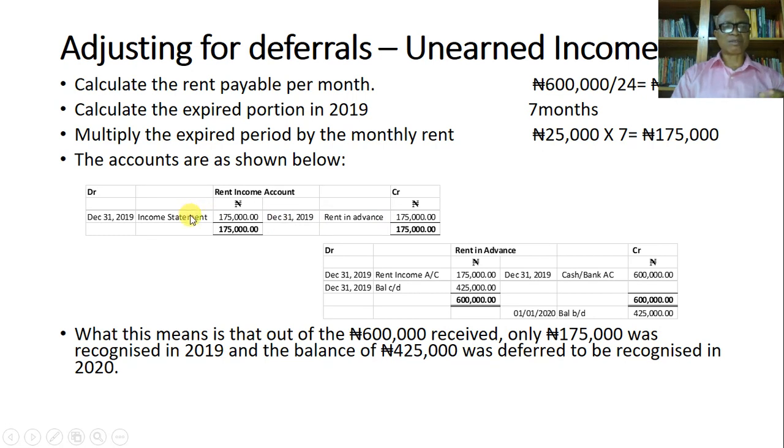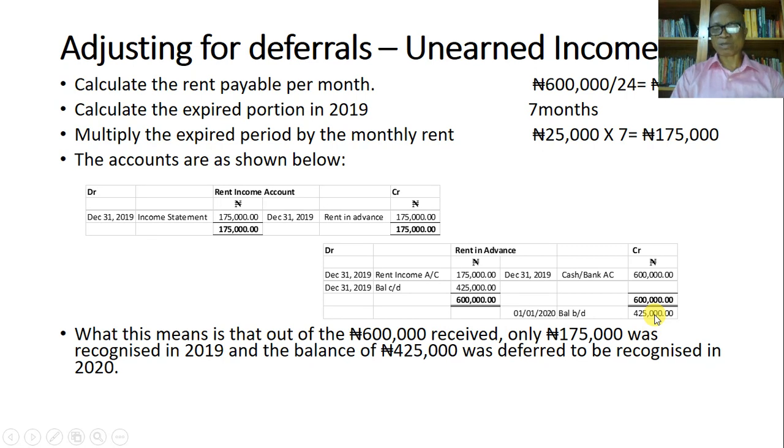So at the end of the period, December 31, 2019, this amount is taken to the income statement as revenue for that period, meaning that there's a balancing figure that we must account for, 425,000. That 425,000 becomes unearned income, which is taken as balance brought down.